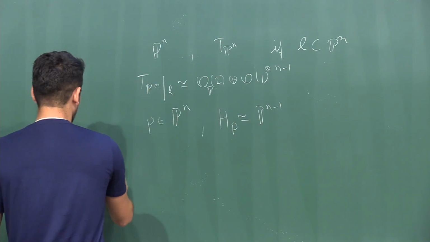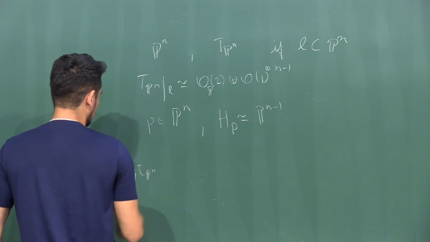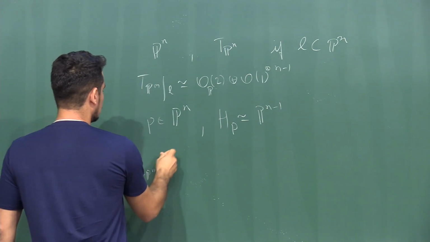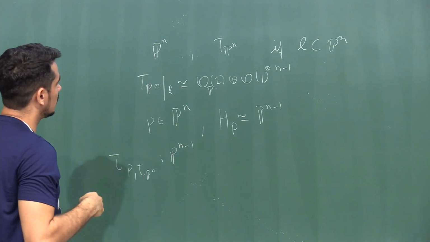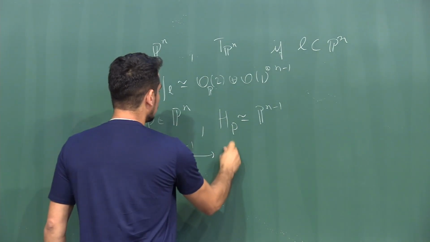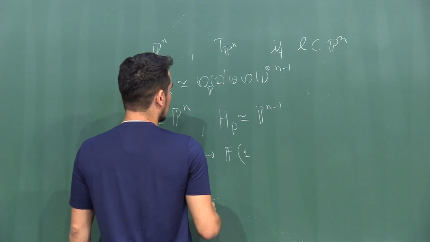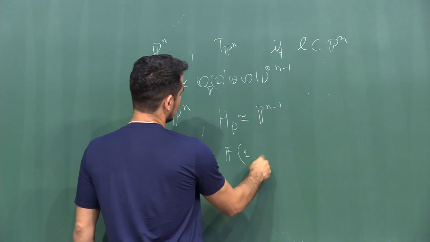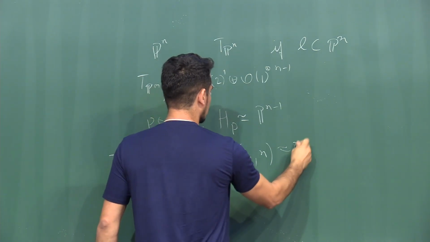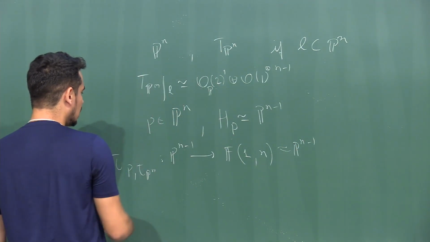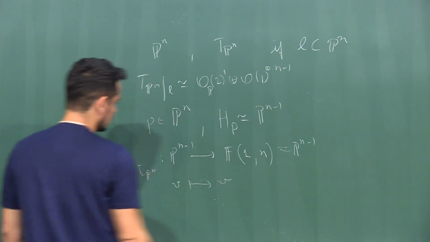In this case, this flag map is the map which goes to P^(n-1), the variety parameterizing lines passing through p, and arrives in the flag which takes a point inside a space of dimension n. This is isomorphic to P^(n-1), and this map just takes V and goes to V. This is the identity map.